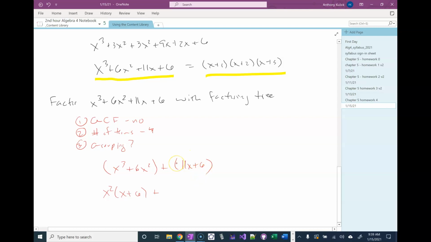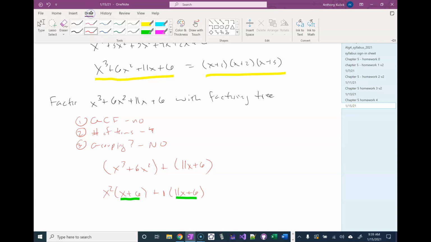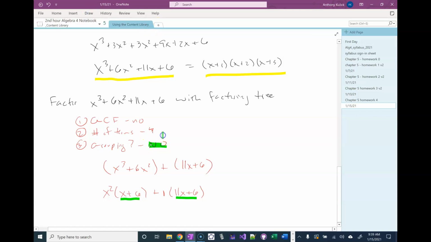And looking at a greatest common factor from the second group between 11x and 6, there really isn't one, but remember we can always take a 1 out. But now we can't proceed, right? Because those two pieces are not the same. So no, it's not factorable by grouping.